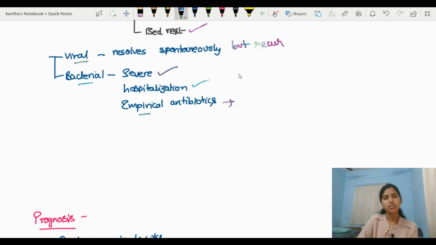So what are the empirical antibiotics that we may use in this patient? The most common organisms responsible for mesenteric adenitis are Yersinia species.